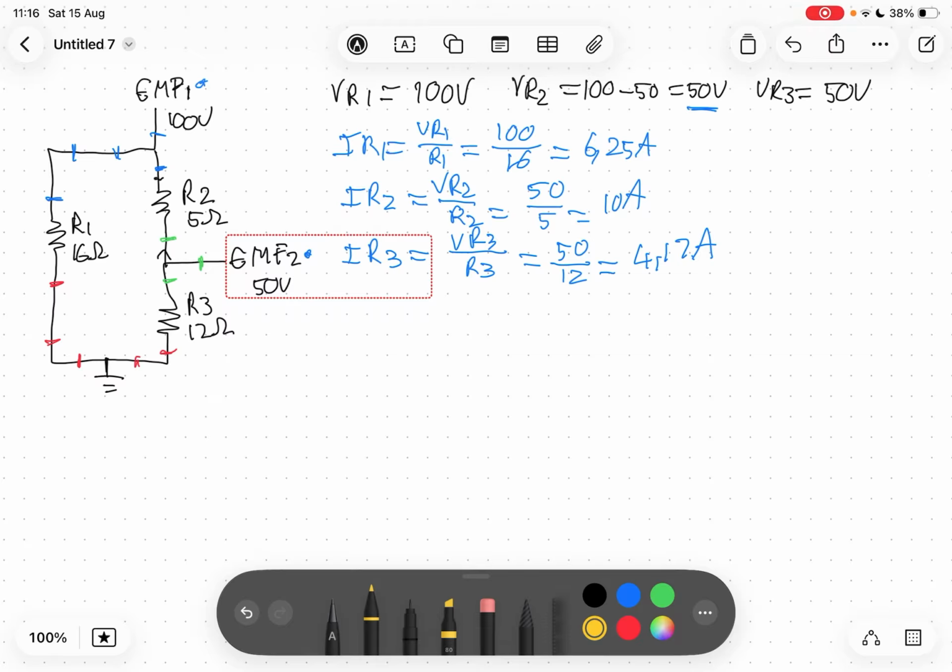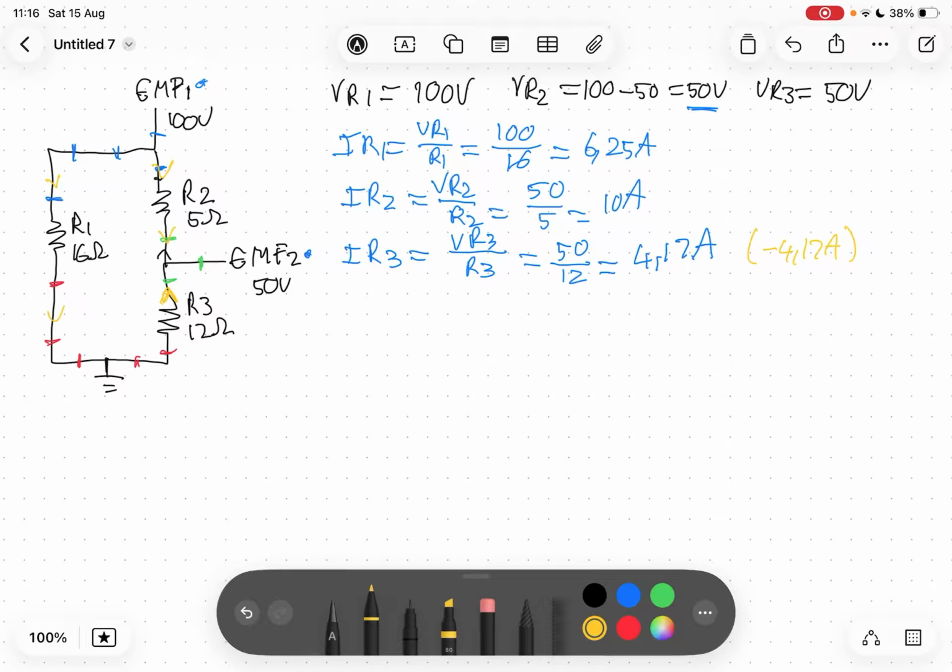Since we know this current flow will be this way and this way, and if you take the current loop, this will be upwards. Therefore, this is minus 4.17 amps if you take the direction into account.